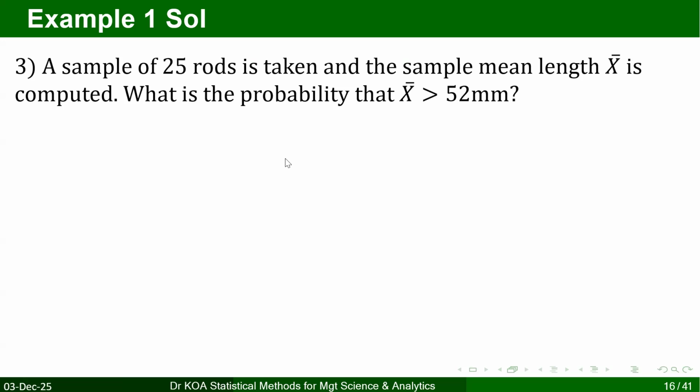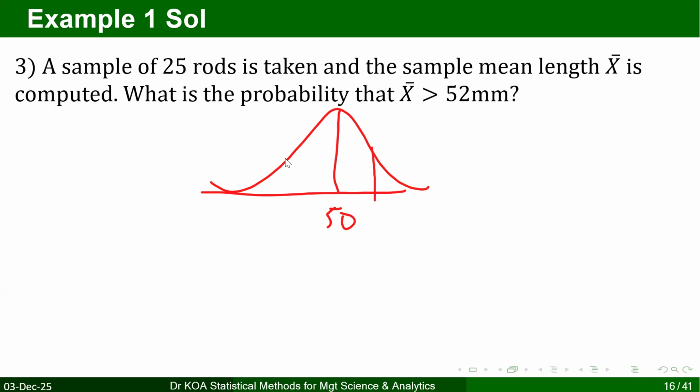First of all, when you draw, is it going to be to the right or left of the mean? It's still following from the previous one. Right. Okay. Now, which area are we looking for? Is it A, B, or C?